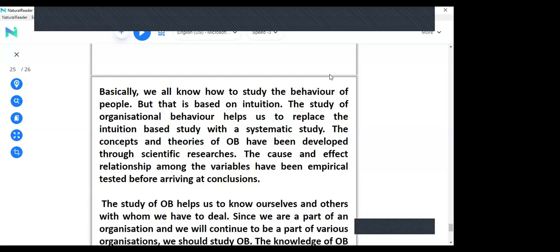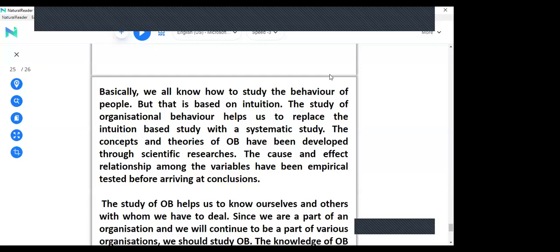You have to study, as well as the study of organization behavior. I'll take out the line from two sentences, but don't keep it in your mind in a different way. Then, my dear student, study the behavior of people, study organization behavior, but how?